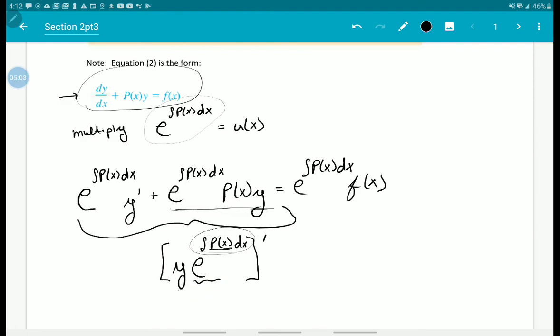So if we take the second function times the derivative of y, we would get that piece. So you can see easily how this is the same thing as the left-hand side of the line above it. So we're just rewriting this. It's just a clever manipulation we're using here.